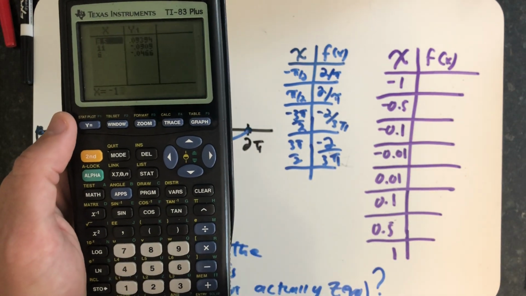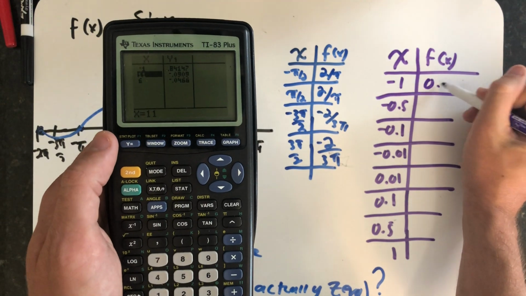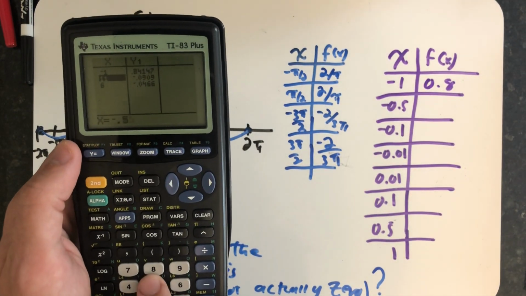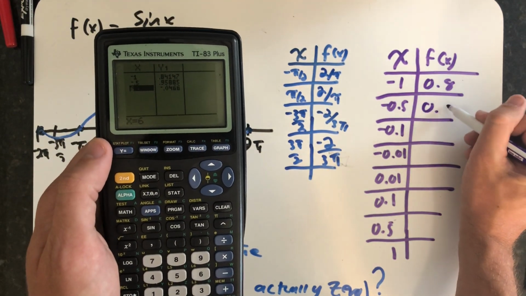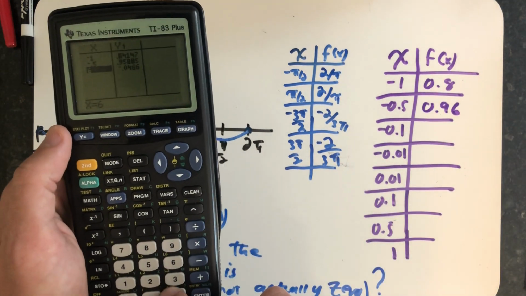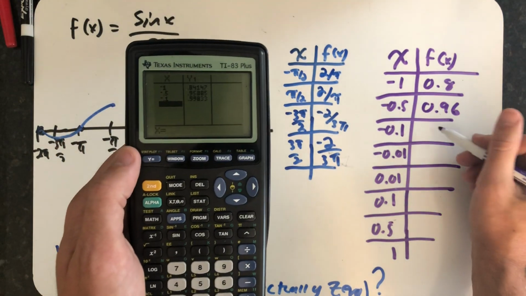So minus 1 goes into the sine function, and I get about 0.8. Minus half, and I get 0.96 if I round correctly. Being a little carefree with my rounding, because I'm just trying to figure out what's going on here.